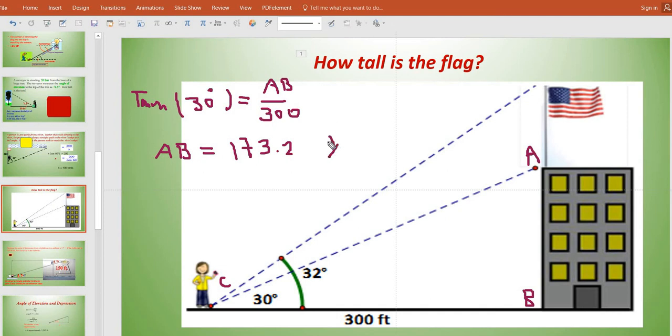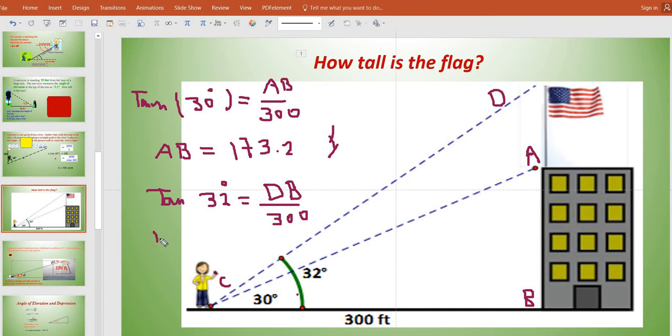That's the first step. The second step, we calculate the length from the top of the flag to the base of the house. In the triangle GBC, tan of the angle of elevation 32 equals opposite GB over adjacent 300.